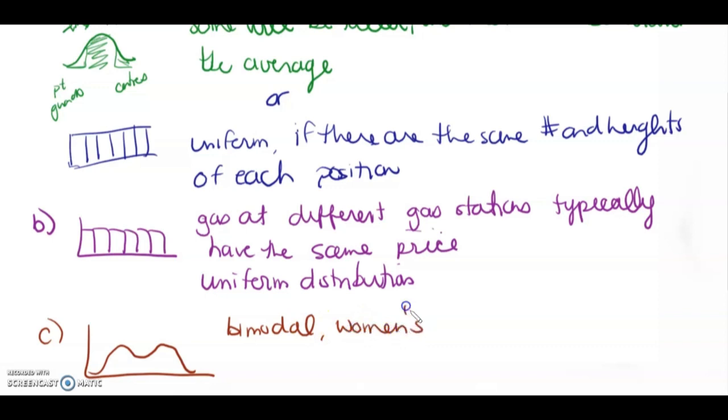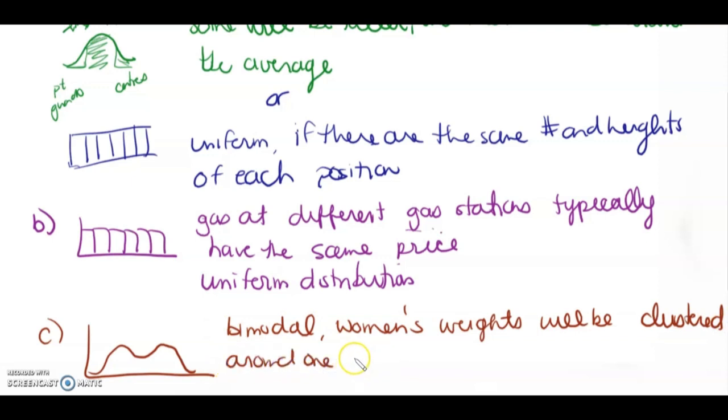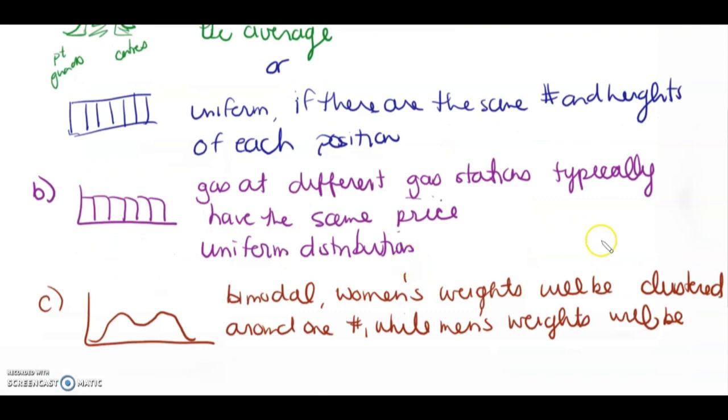Women's weights or masses will be clustered around one number, while men's weights will be clustered around another number.